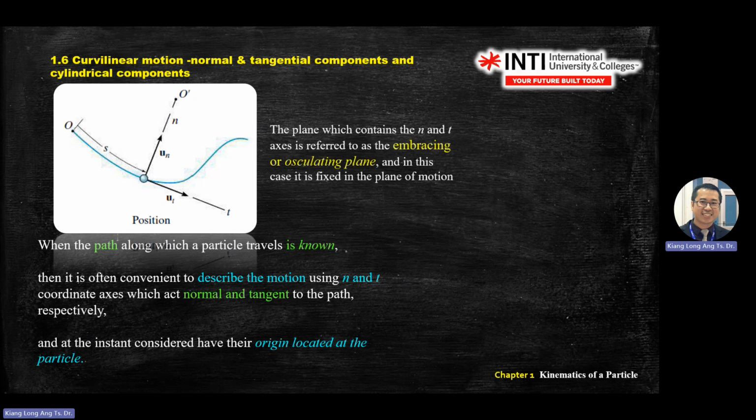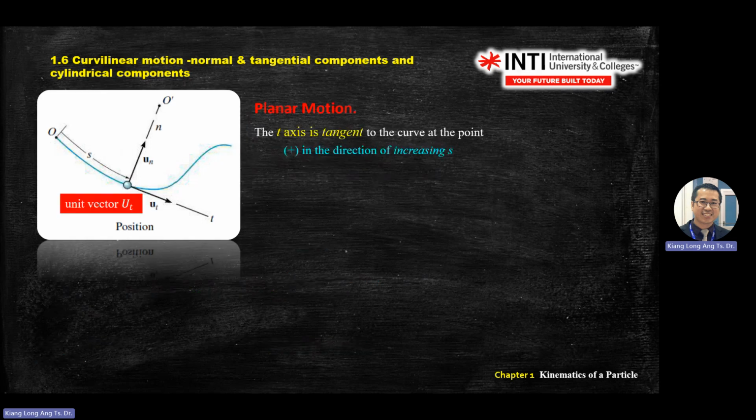Okay, the rest is logic. It means if the object travels in T, this is a positive direction. If you get a positive value, it means it's in the T direction. This is the N direction.